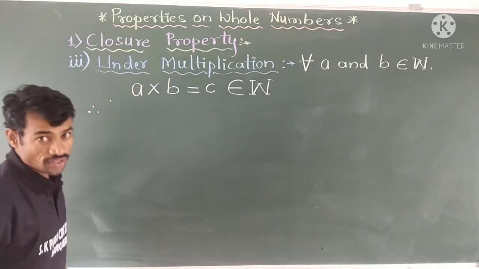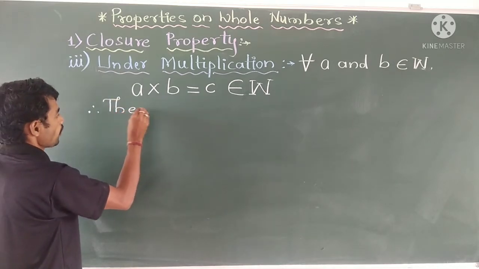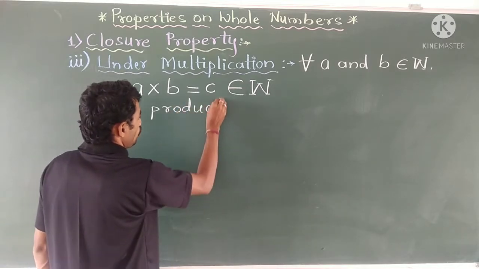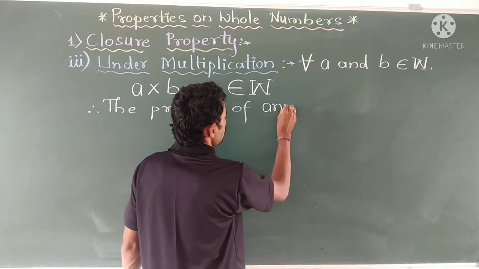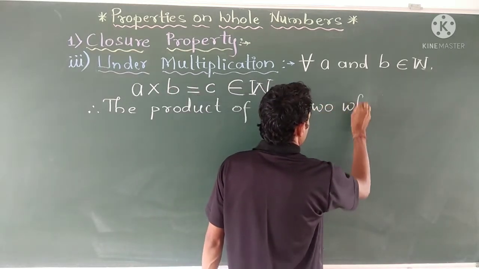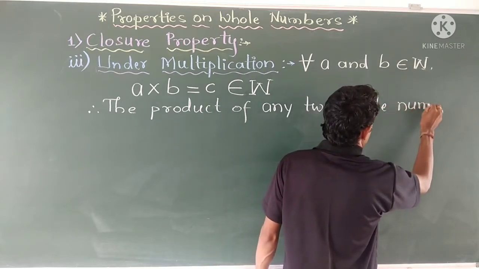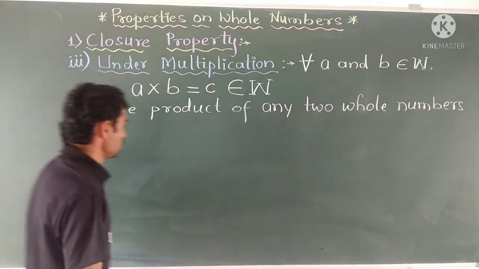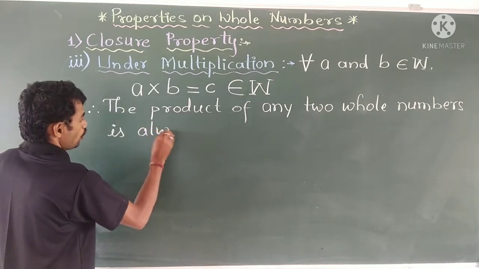The statement of this formula is: the product of any two whole numbers is always a whole number.